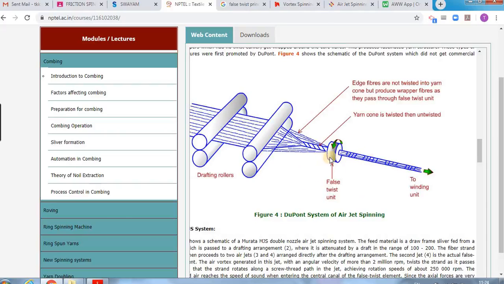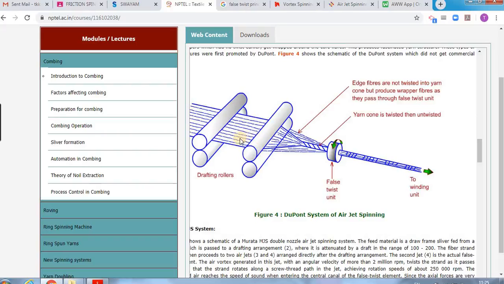This is the false twisting unit, maybe a pneumatic one or a mechanical one. Here you can see this is a spinning triangle. I am creating a bigger spinning triangle. As far as ring spinning is concerned, my main principle is to reduce the spinning triangle. But in the false twist principle, I have to create a wider spinning triangle.